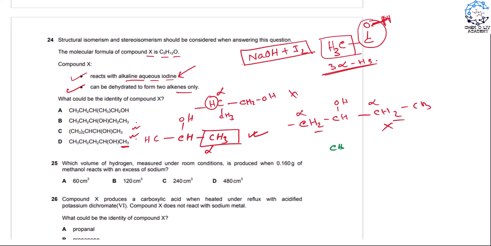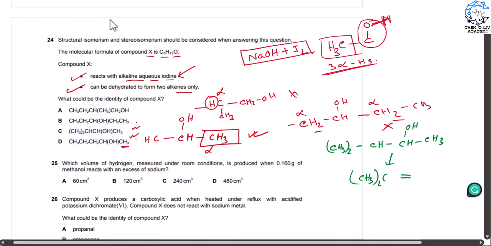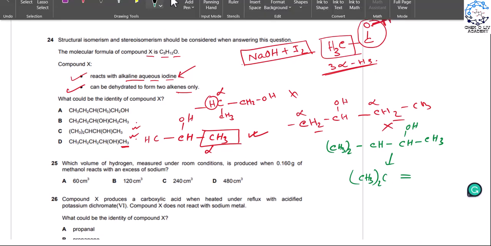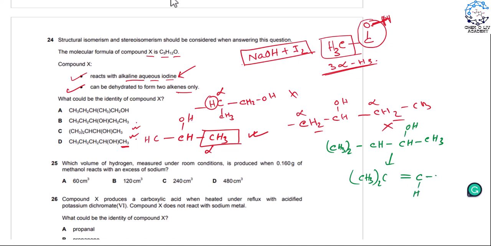I'm drawing option C: CH3 twice, CH, CHOH and CH3. If it dehydrates, it forms (CH3)2C=CH-CH3.